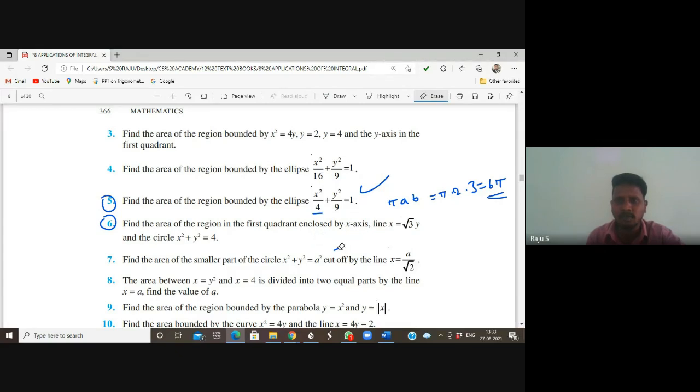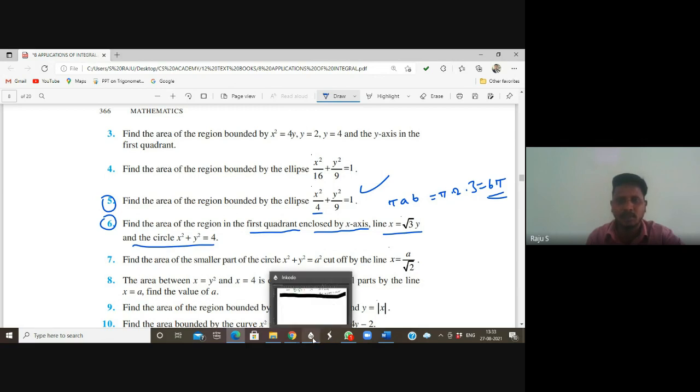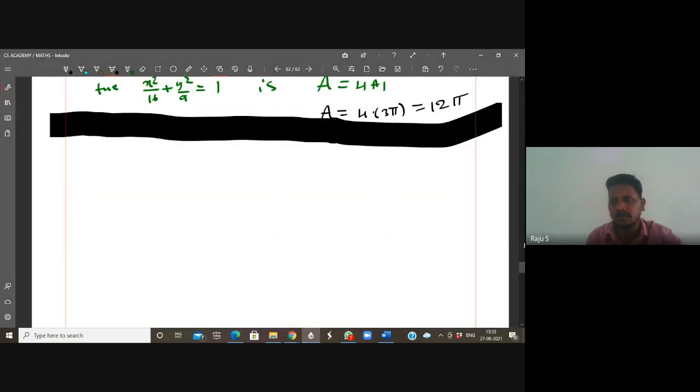Question number 6 is to find the area of the region in the first quadrant, clearly they have mentioned first quadrant, enclosed by the x-axis, the line x is equal to root 3 into y, and the circle. Easy question. First write the given data.